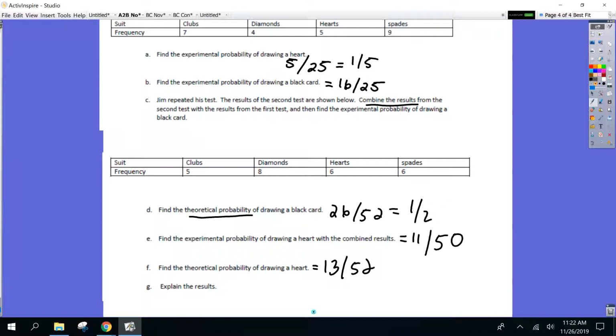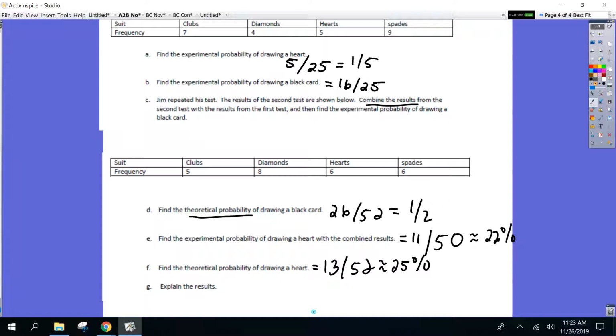Explain the results. Well, quickly, 11 out of 50, what percent? About 22%. And 13 out of 52 is exactly 25%.